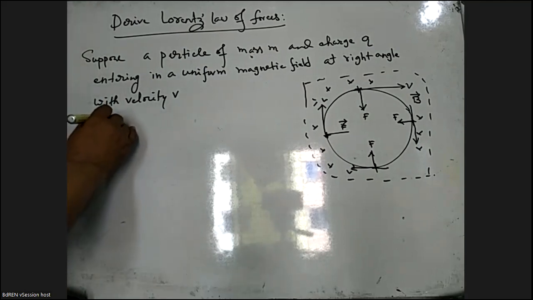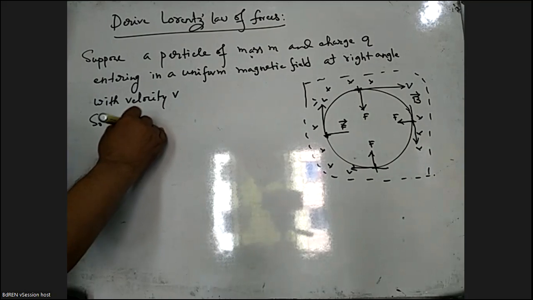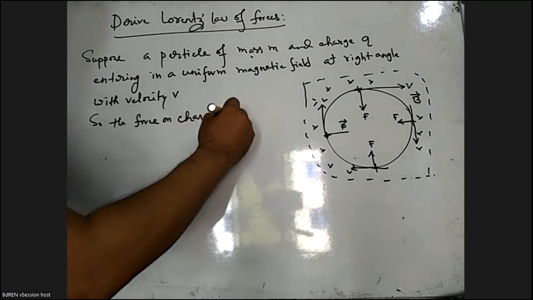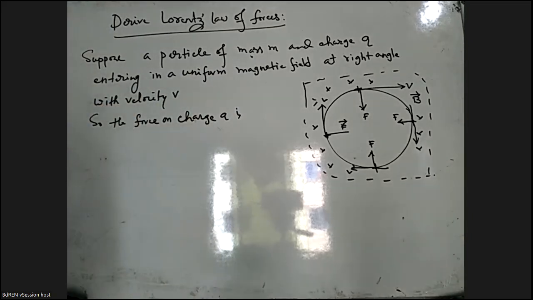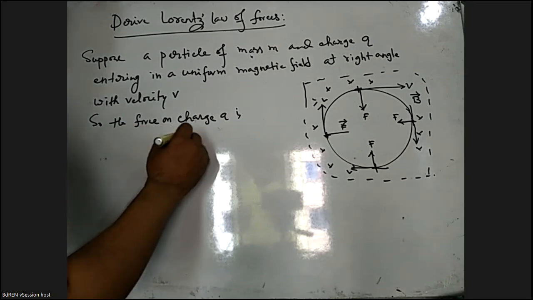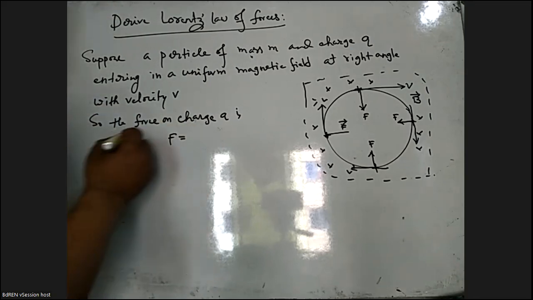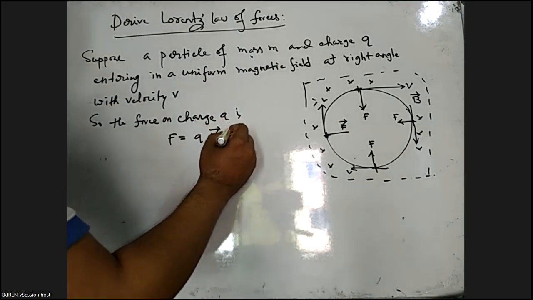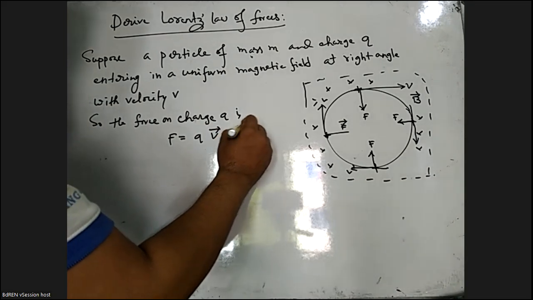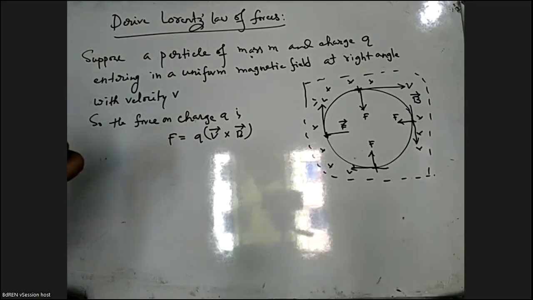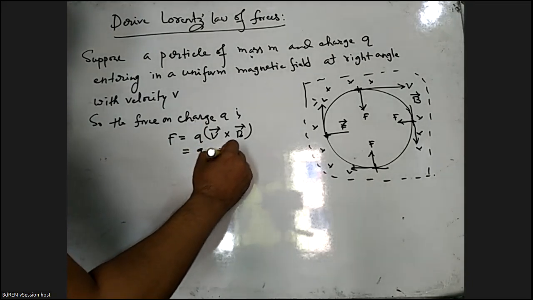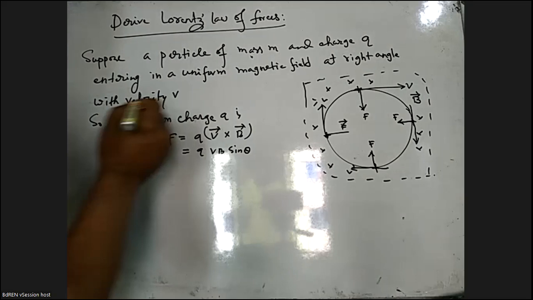The force on charge q due to the magnetic field is F equals q v vector cross B. This can be denoted by q v B sin theta.